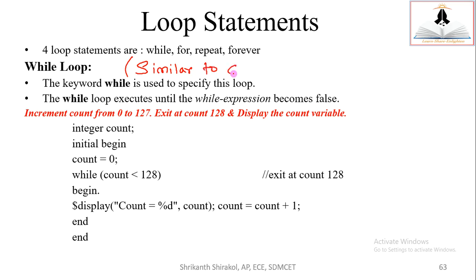Let us take an example: increment count from 0 to 127, exit at count 128, and display the count variable. Here again it is a counter, but I'm using loop statements.